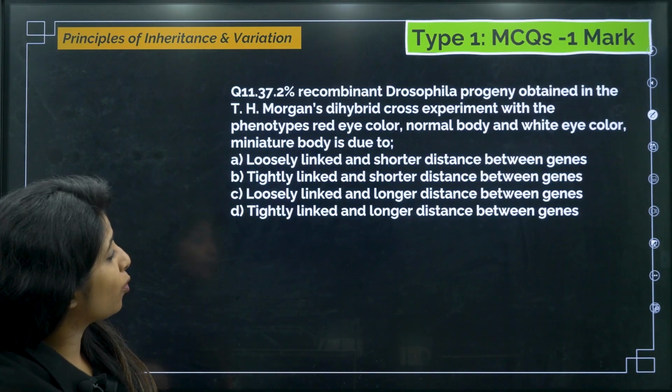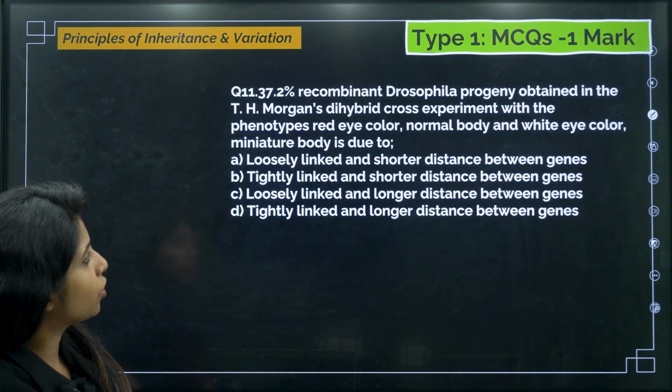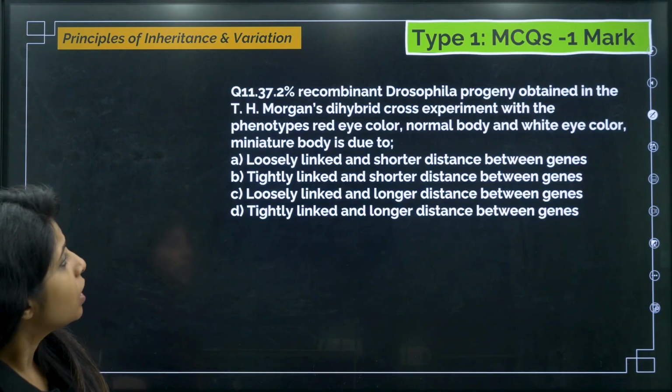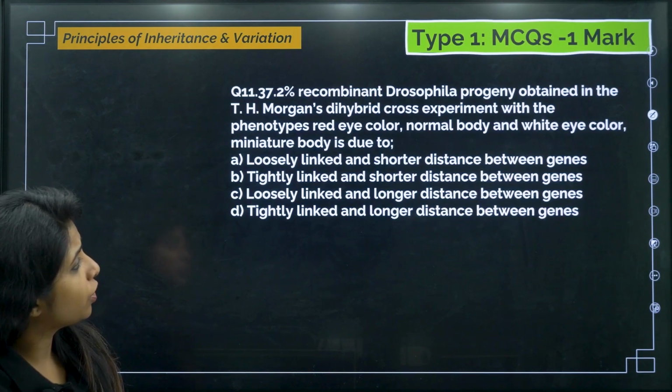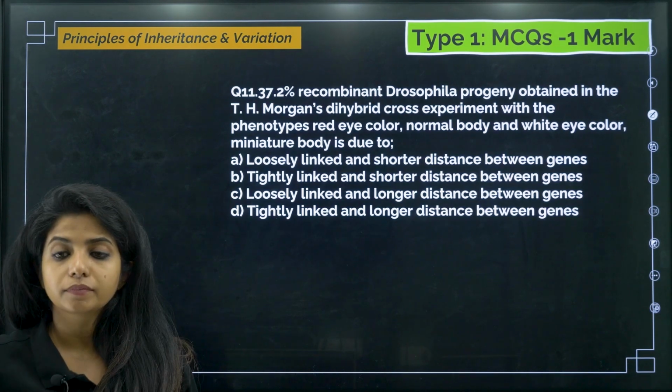37.2% recombinant Drosophila progeny obtained in T.H. Morgan's dihybrid cross experiment with the phenotypes red eye color, normal body and white eye color, miniature body is due to. Okay.